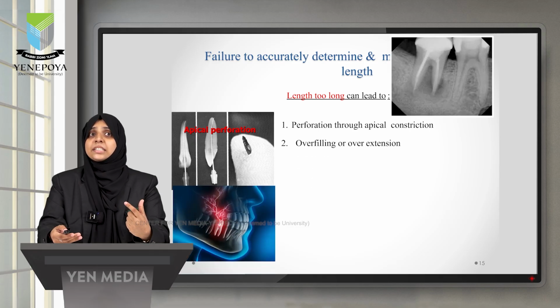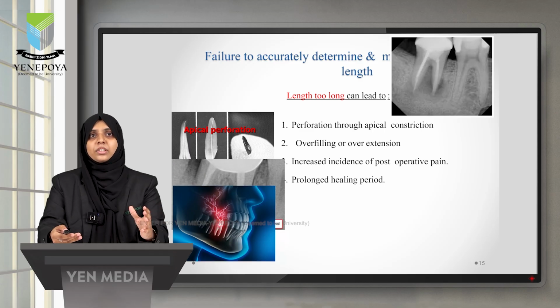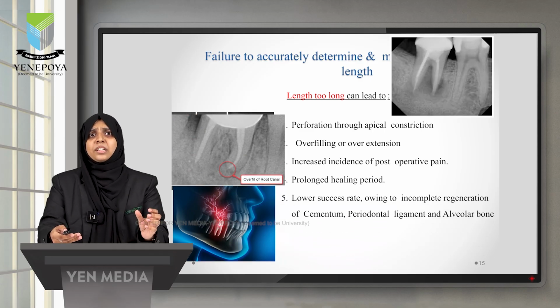Since we have not limited our preparation to the apex, and we have gone beyond the periapical region, there could be increased post-operative pain. All these factors will affect the healing period of the tooth. Thus they also decrease the success rate of the tooth.